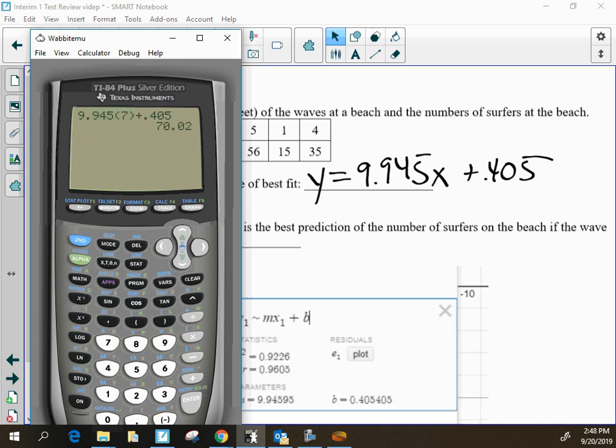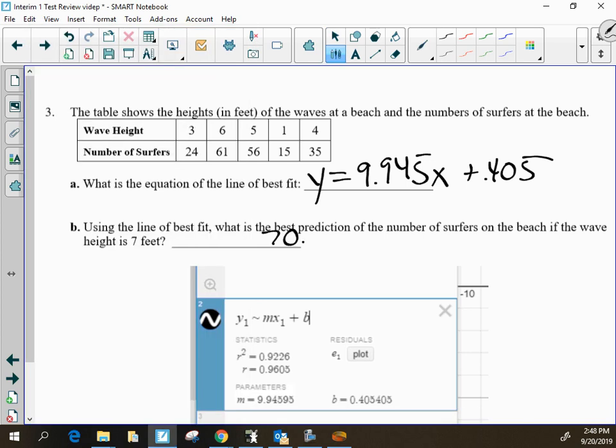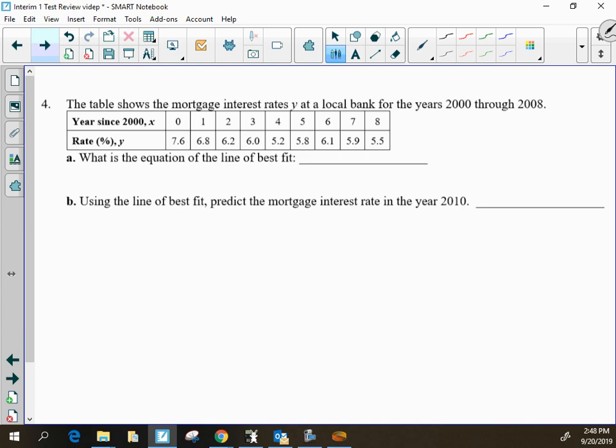And we get an estimate of around 70. So our best prediction for the number of surfers on the beach if the wave is 7 feet high is 70 surfers.